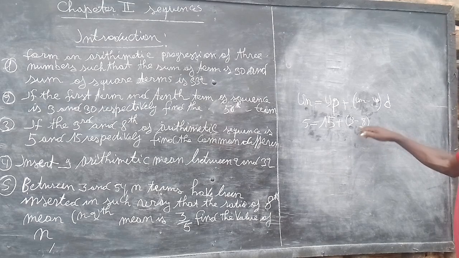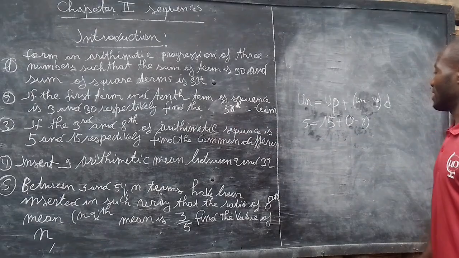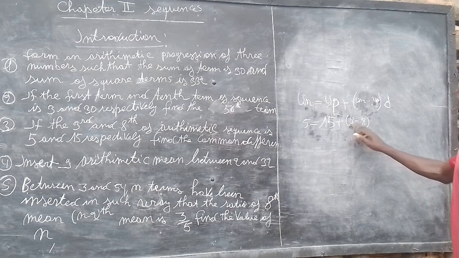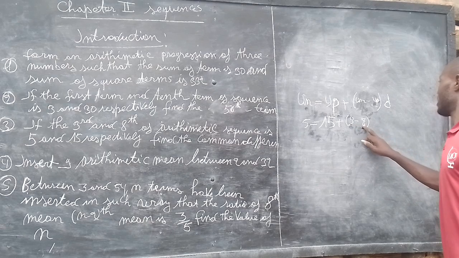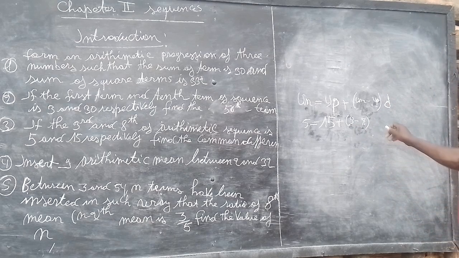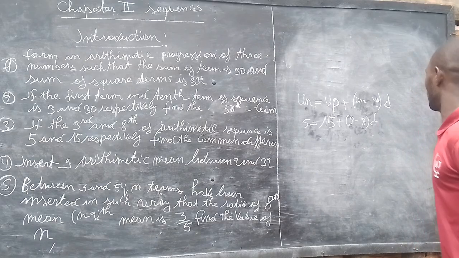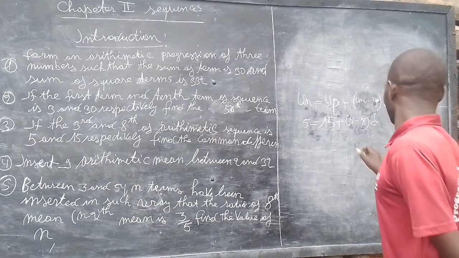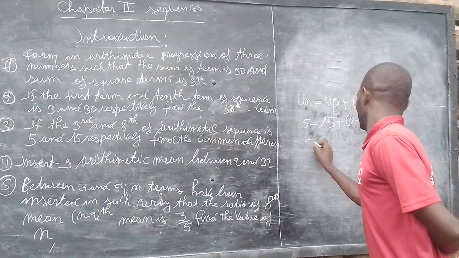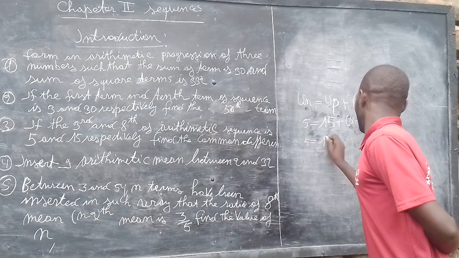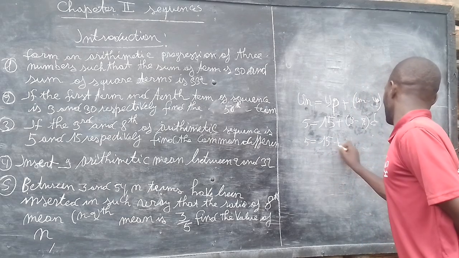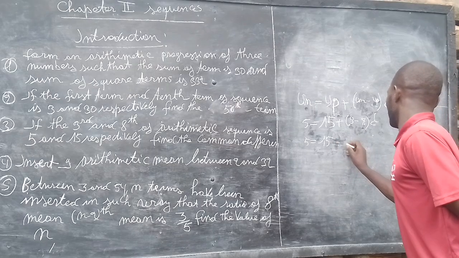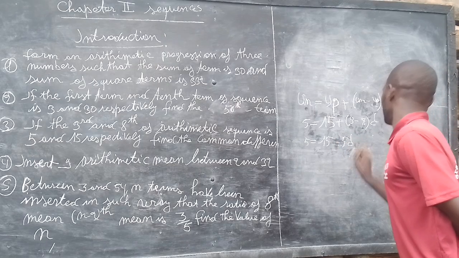So here we have the third and the 18th terms. This is the last one. You take this one and then you subtract the upper one, and then you calculate what you are asked to determine. So here we have 5 equal to 15, no, it is not a plus, it will be negative 5d.